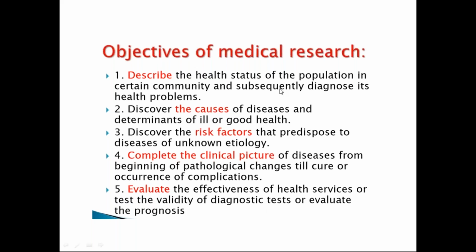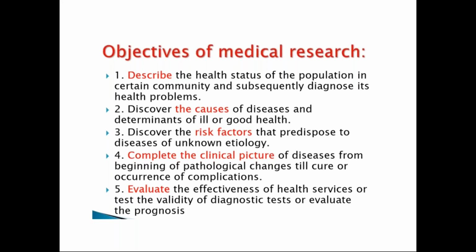Okay, so another reason why we do research is to complete the clinical picture of disease from the beginning of pathological changes till cure or occurrence of complications. So it helps us to have a total picture of the disease, from the time there are pathological changes. Pathological changes mean when we begin to see observable changes in the tissues, in the cells of the body, till we get to cure or occurrence of complications.